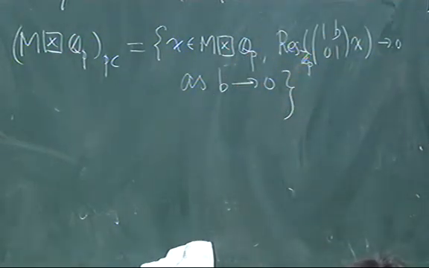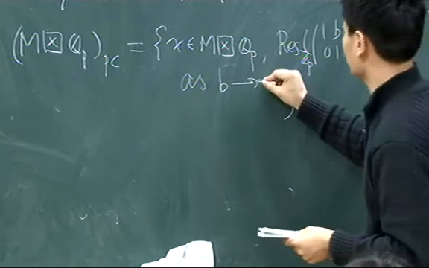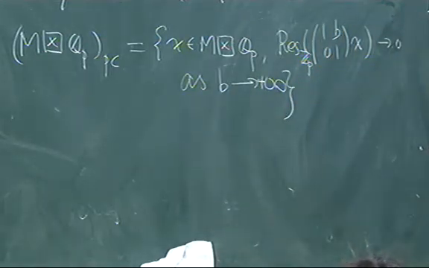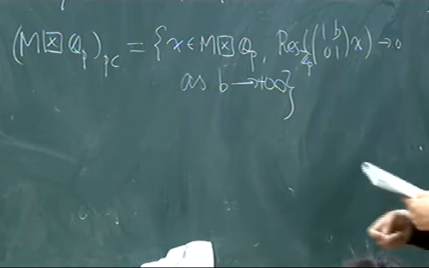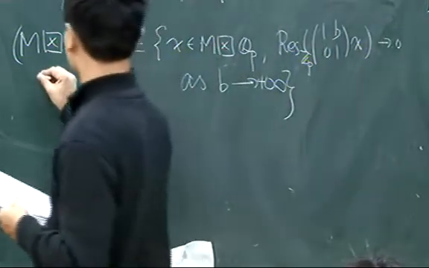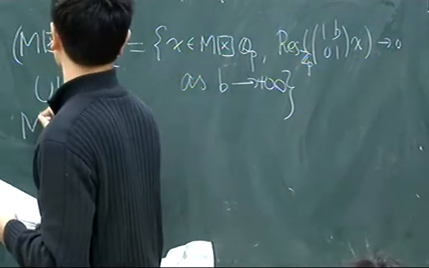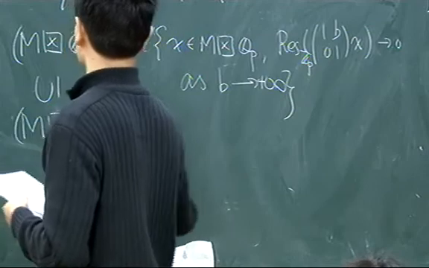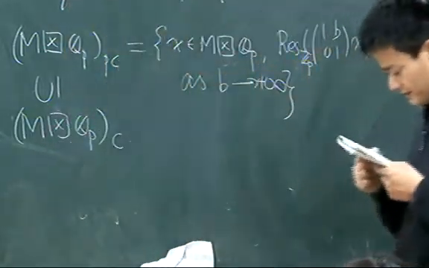First we didn't say any topological structures. Okay. So if b goes to plus infinity, this is 0. And you can check, this always contains this one. Okay.